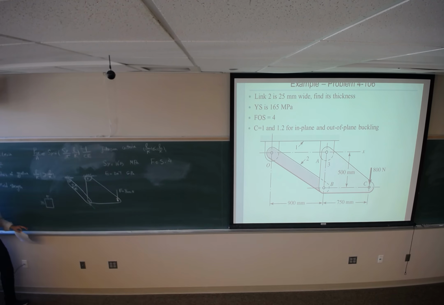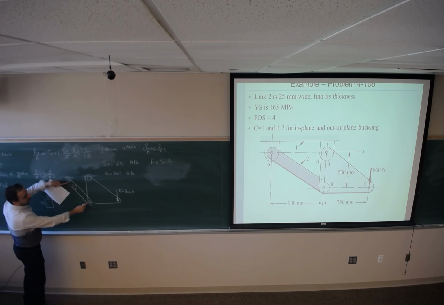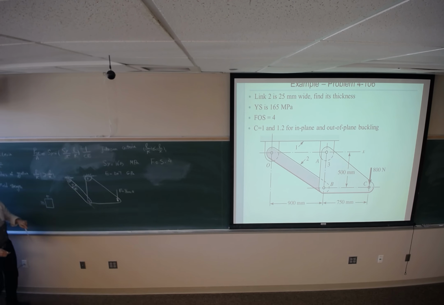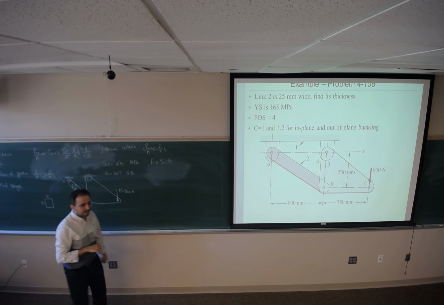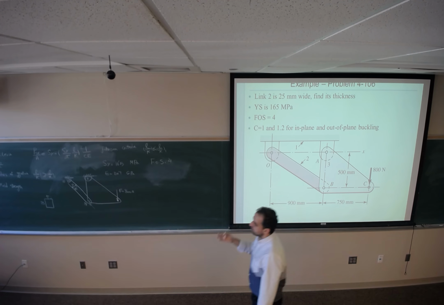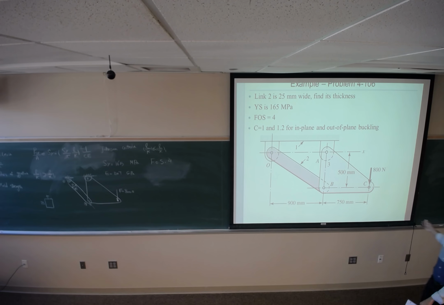So first of all, we should find what would be the force applied to bar OB. Then after we figure out the force applied to the OB, if it's compressive, we should check two things: failure due to the buckling, and failure due to the yielding.